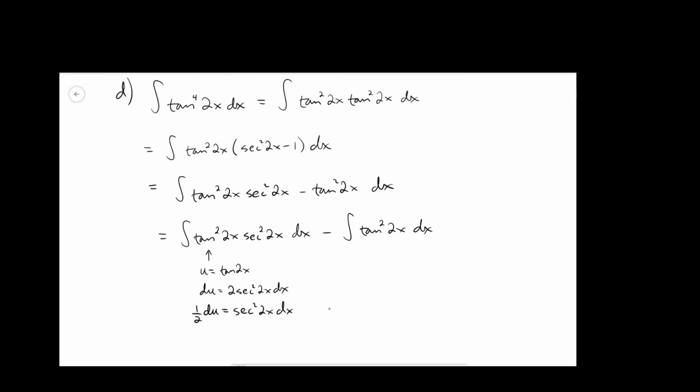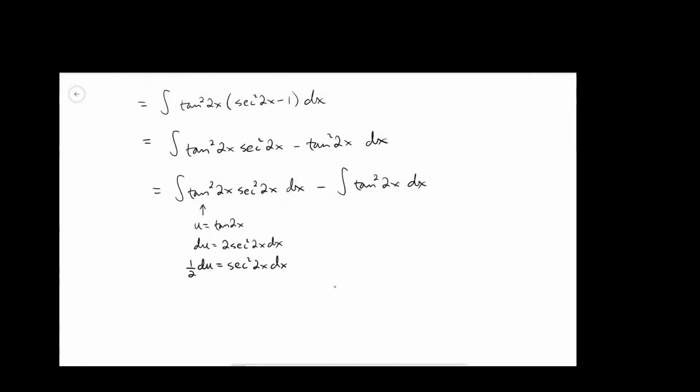Hopefully you guys are following me. So now that integral is going to become 1/2 the integral of u squared du, which is not bad because it's just the antiderivative of that power rule. It's going to be 1/6 u cubed. And u is just tangent 2x, so it's going to become 1/6 tangent cubed of 2x. So that's that part of it, okay?